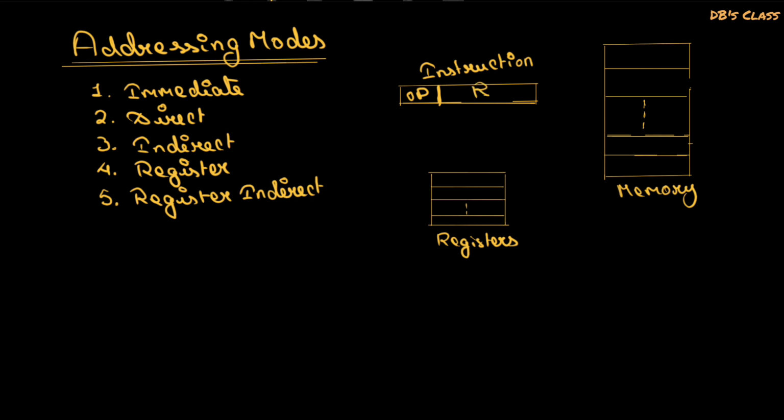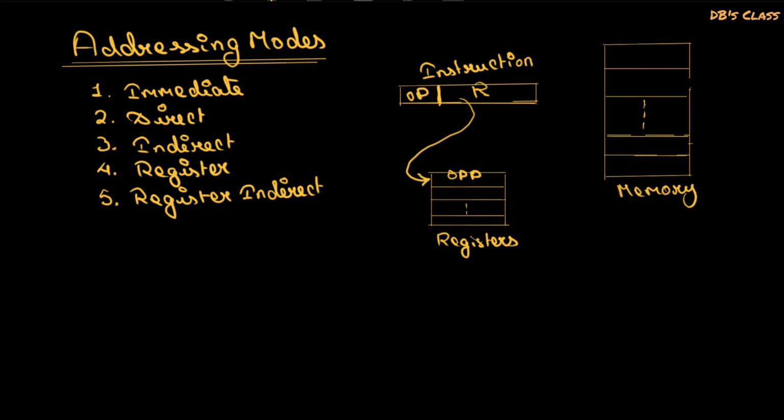Actually, it is the name of the register, since obviously we won't be able to have a register within the instruction. So the instruction specifies the name of the register that contains the operand.